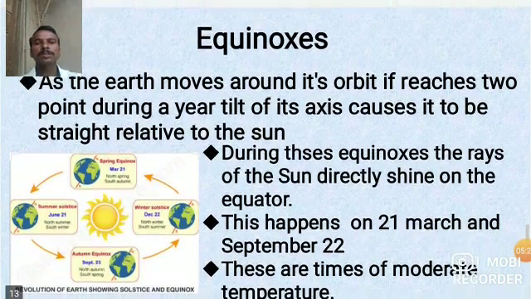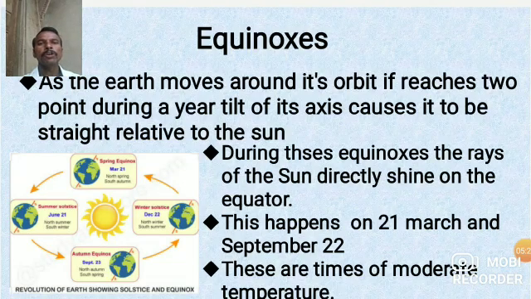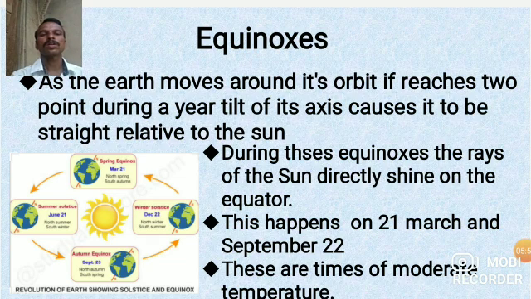Now, equinox. Equi means equal. So, what are equinoxes? As the earth moves around its orbit, it reaches two points during a year. The tilt of its axis causes it to be straight relative to the sun. Means throughout the year, the earth's orbit reaches two points where it is relatively straight to the sun.